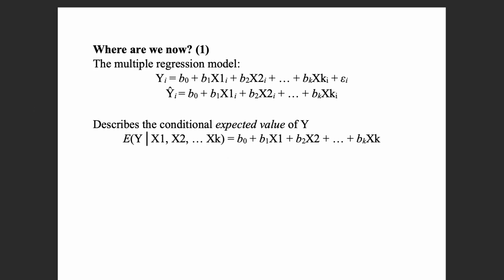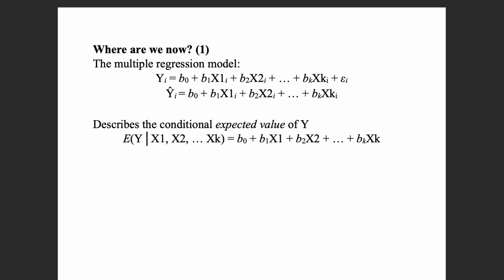We already talked about one way of thinking about the expected value, although not entirely mathematically correct, but quite useful: the best guess for the dependent variable for a case randomly drawn from the population, given that we know the values on variables x1 and x2 and all the other x variables in our model.